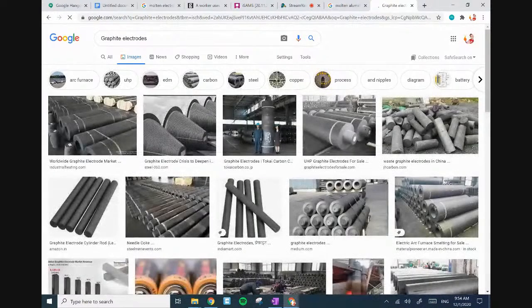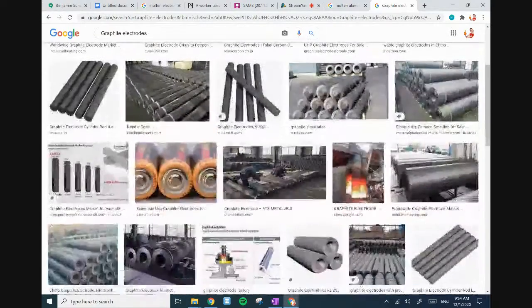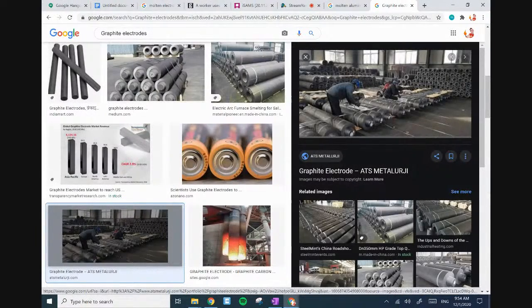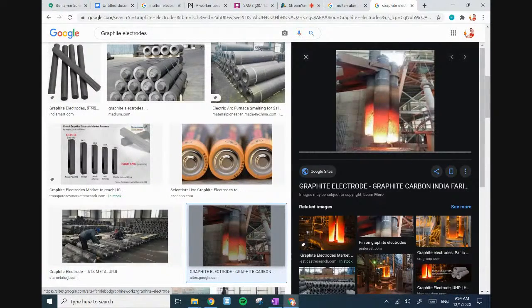Look how massive they are. It's insane. It's hilarious. They're absolutely huge. Shows you how much of these we use. Isn't that absolutely bonkers? Graphite electrodes. Look at that. You use carbon electrodes. Well done, Callista.